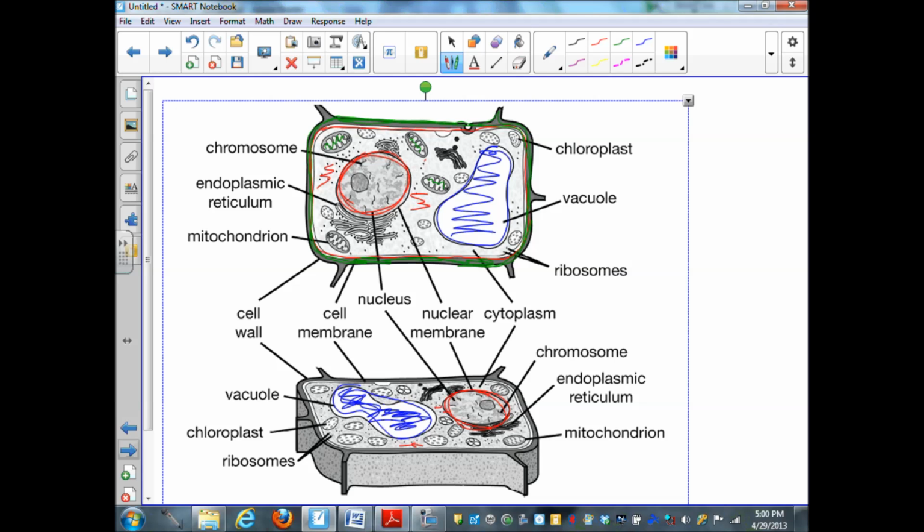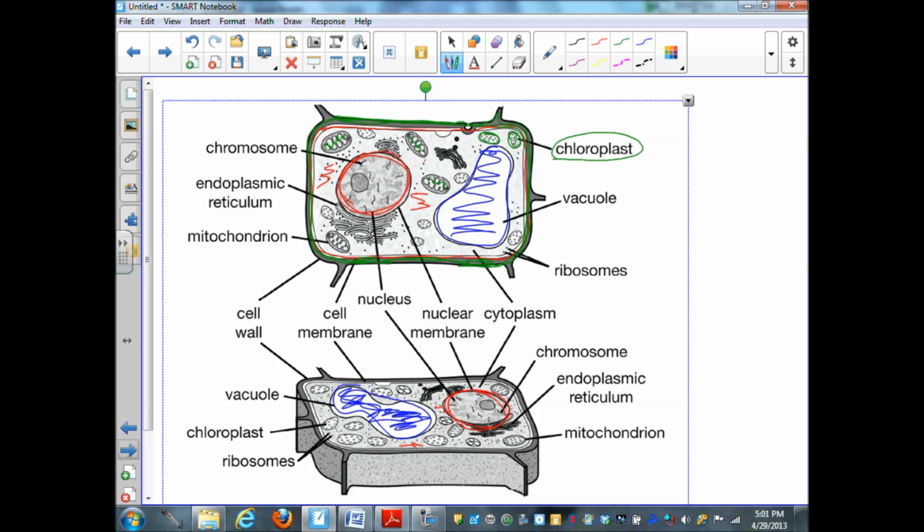You still have that one that's the powerhouse. The other thing that you have in the plant cell that you don't have in the animal cell is the chloroplast. These little guys right here, little dots in here. This is what's used by the plant cell to turn sunlight into food. Plants possess this, animal cells do not.